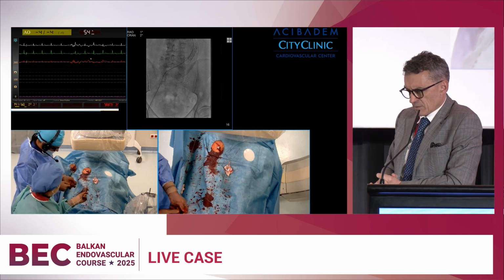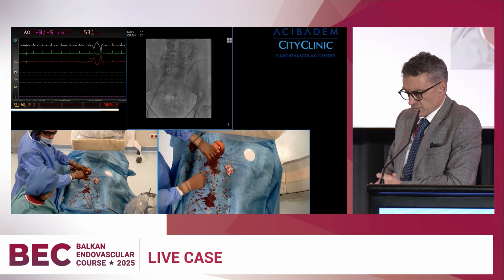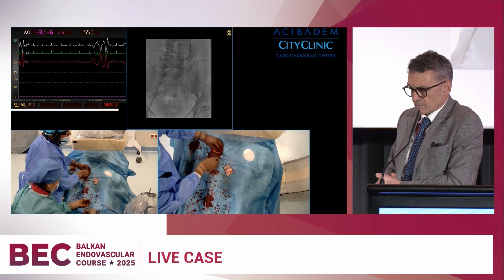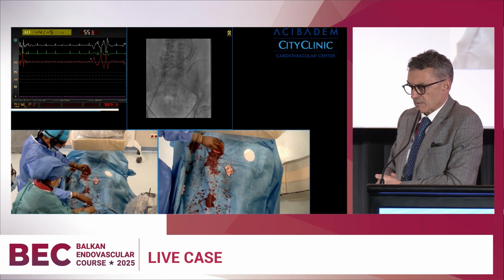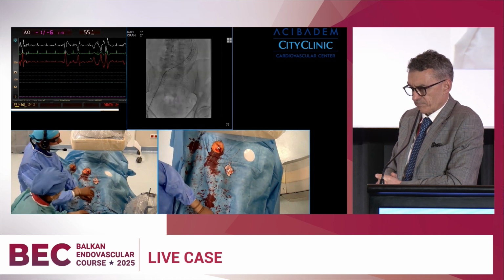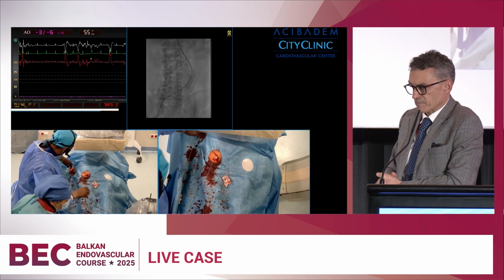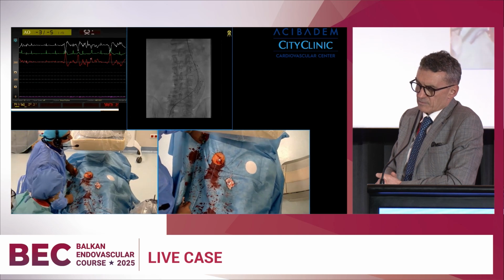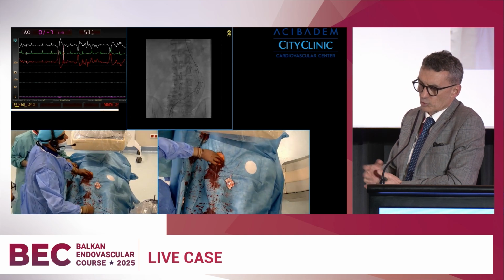Now I take the catheter from the lasso to cross from the prosthesis, going up of the main body, in order to put the Lunderquist and change the wire. So now he is in fact over the through and through technique.